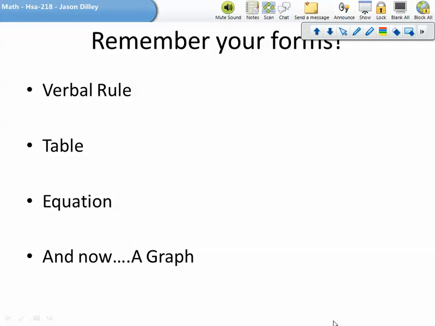So remember these things when we are representing functions as a verbal rule. We might say something like, the input is doubled plus 1. Let's just add the plus 1 there for fun. The input is doubled plus 1. And that would be a verbal rule describing it.